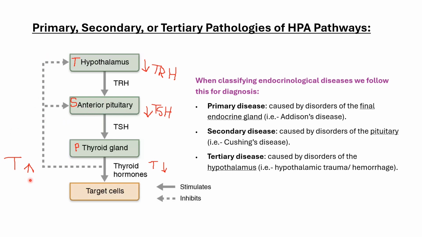So the physician can figure out at which level the disease is. If it is at the level of the final endocrine gland, we call it primary disease. If it is at the level of the anterior pituitary, we call it secondary disease. If it is at the level of the hypothalamus, we call it tertiary disease.